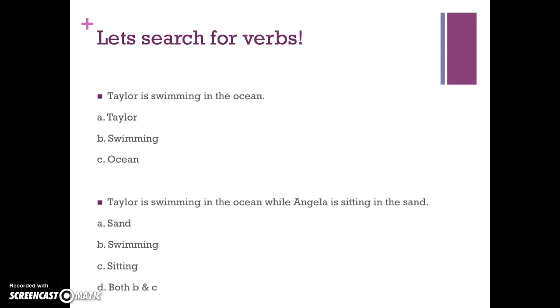We already know from the previous sentence that swimming is a verb. However, B is not the correct answer because we have another verb in this sentence, which is sitting. You need to ask yourself, what is Taylor doing? Swimming. But then you also need to ask yourself, what is Angela doing? Sitting. Therefore, the correct response is D, both B and C.